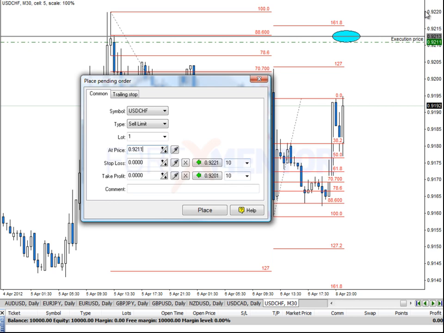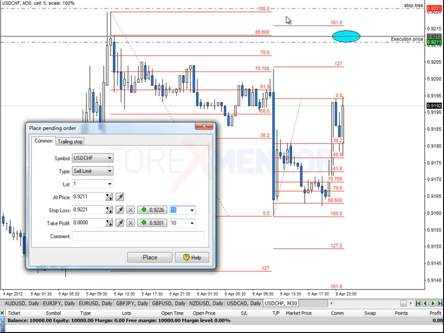If we look at around 92, just have a look here, 10, let's go with 15 to be safe. I'm just going to put it above the high. In terms of targets, we've got a few options here. You can look at the very next area of potential resistance, which is in here or here, or you can look a little bit lower, or you can look at the lows.